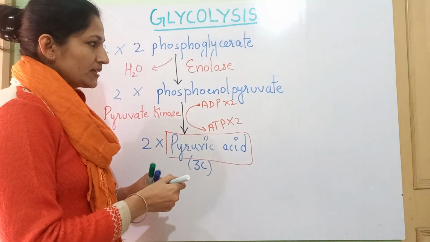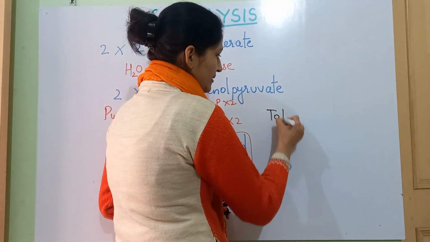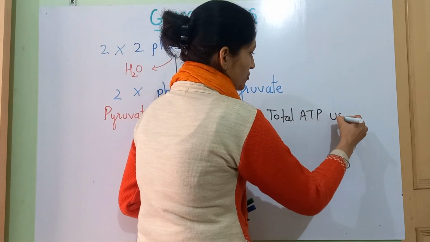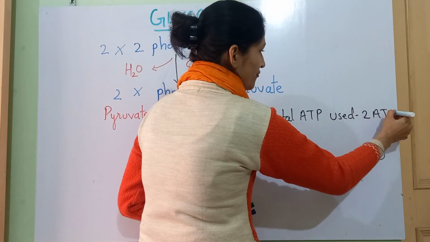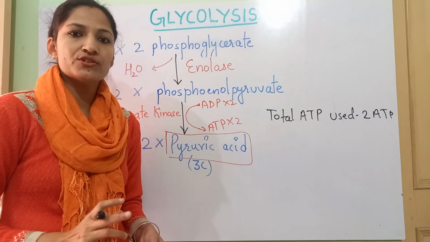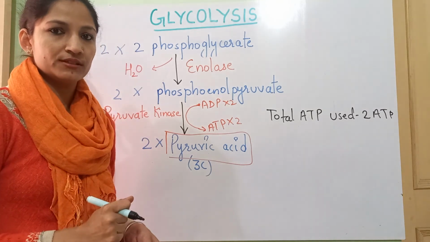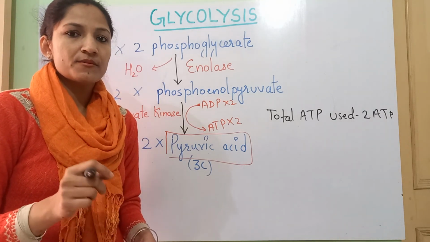So in the complete process, total ATP used: 2 ATP molecules were used for phosphorylation. One was used to phosphorylate glucose and one was used to phosphorylate fructose 6-phosphate, which was converted into fructose 1,6-bisphosphate.